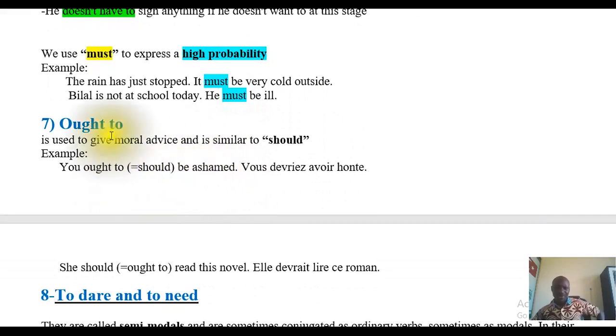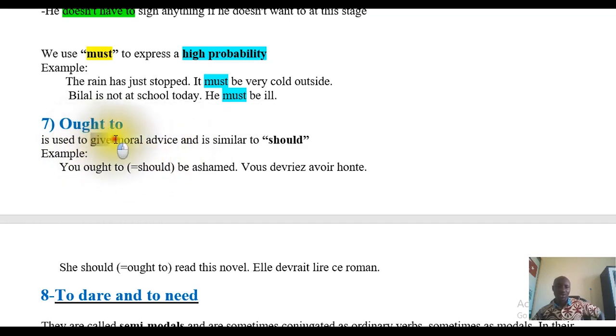Now let's go to another one: ought to. Also we use ought to to give moral advice.